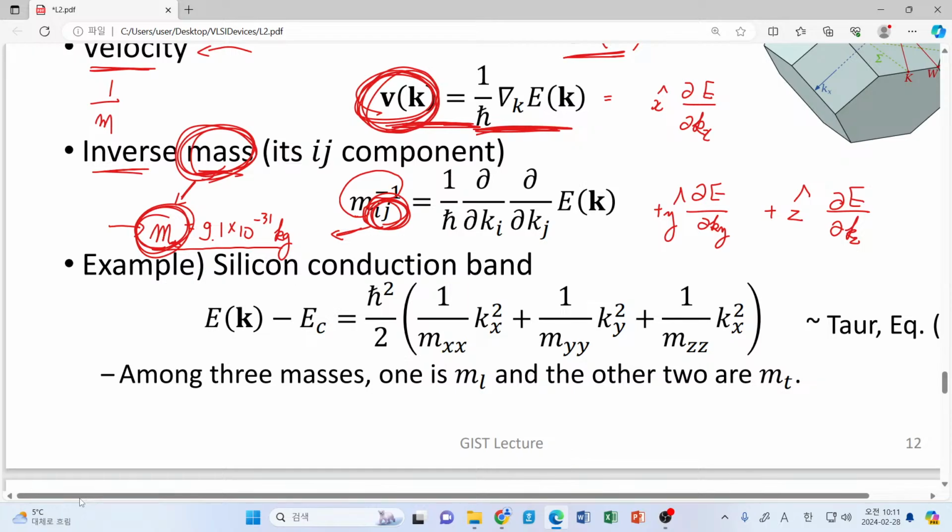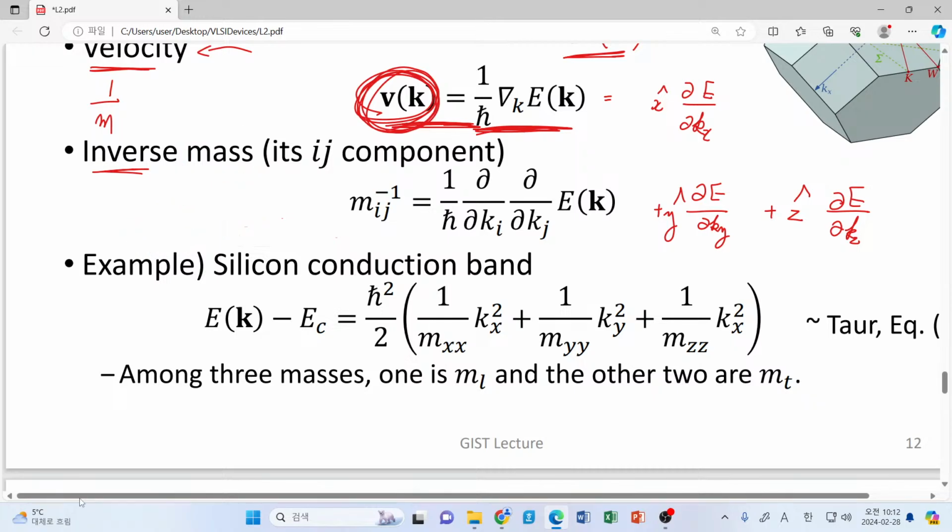So here we have a double index ij, but this i and j is not 1, 2, 3; it is a directional component x, y, z. So in general, inverse mass is a second rank tensor, but fortunately we can have many vanishing components. Anyway, the inverse mass is also simply given by this expression.